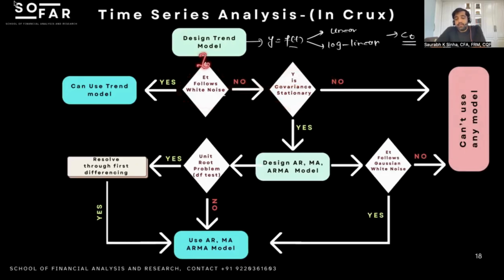That if the error terms do not follow a white noise process, but what you're trying to predict, your y, is covariance stationary, then you cannot use the trend model. You have to use what? ARMA model.